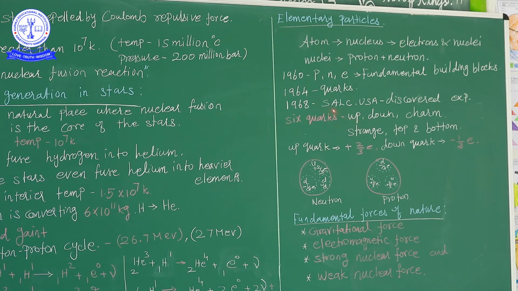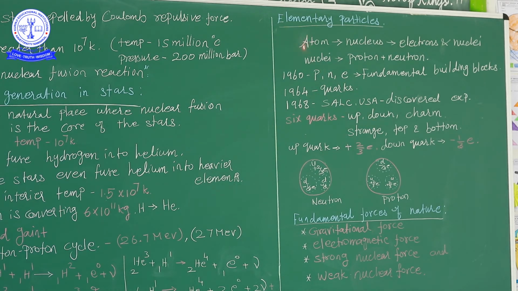And what are the types of quarks? There are 6 quarks: up and down, charm and strange, and top and bottom. There are 6 quarks in number. So these are the elementary particles.